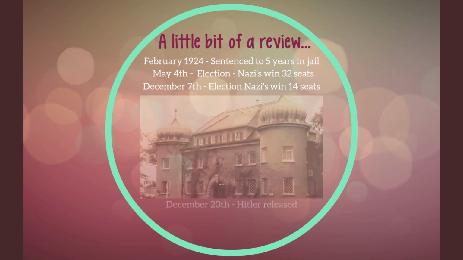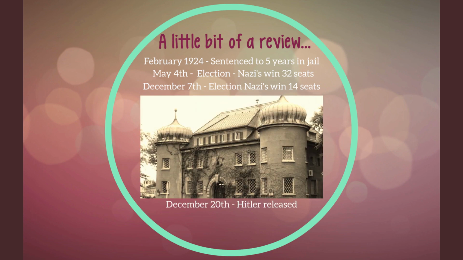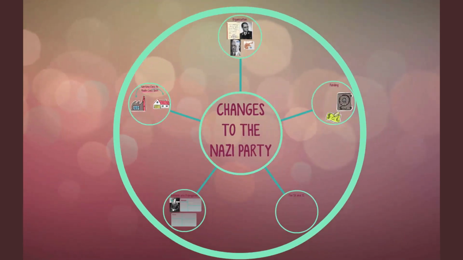On December 20th, Hitler was released from prison, and then, on February 27th, the Nazi Party was relaunched in the Munich Beer Hall, the same place the Munich Putsch occurred. With Nazi support declining throughout the period, it was therefore very clear that the Nazi Party needed a new strategy.